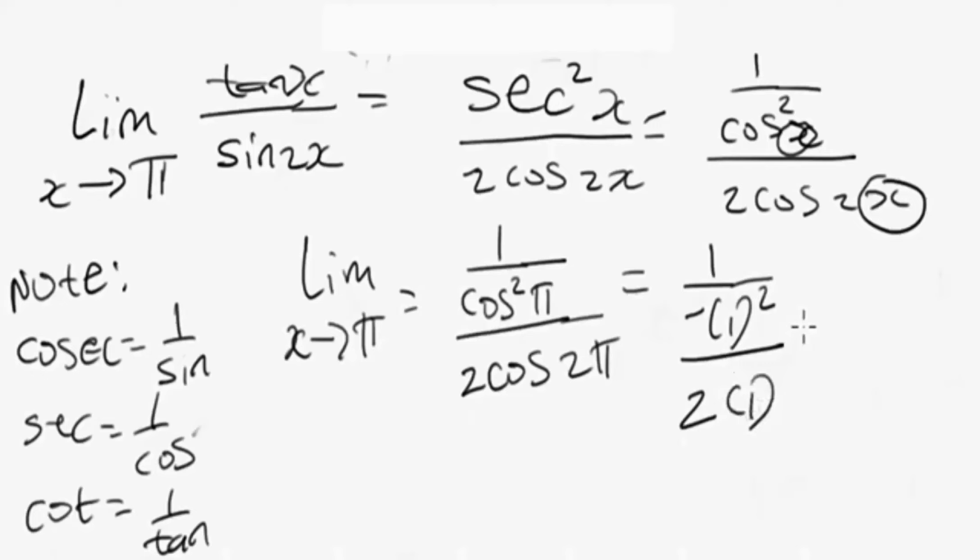So when you break this down, you're going to have 1 over 1 over 2, which will be equal to 1 over 1 times 1 over 2. So our final answer will be half.